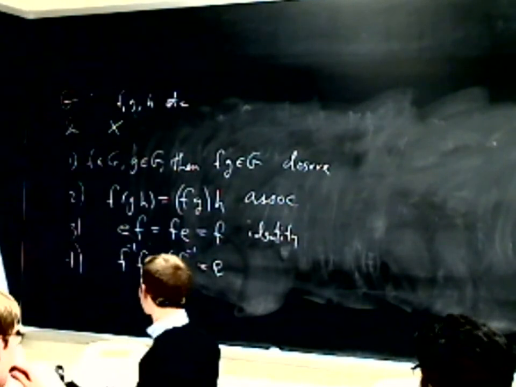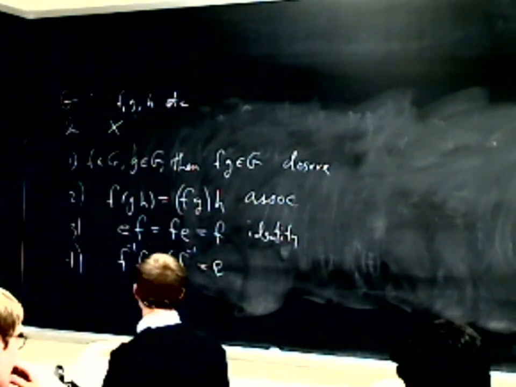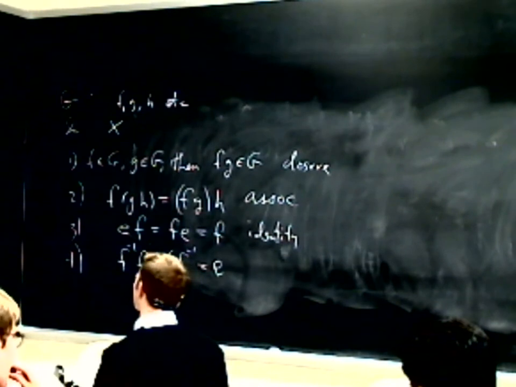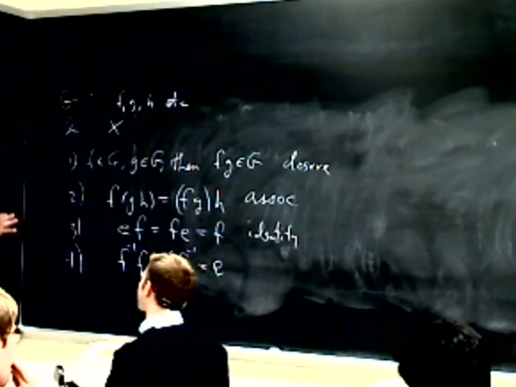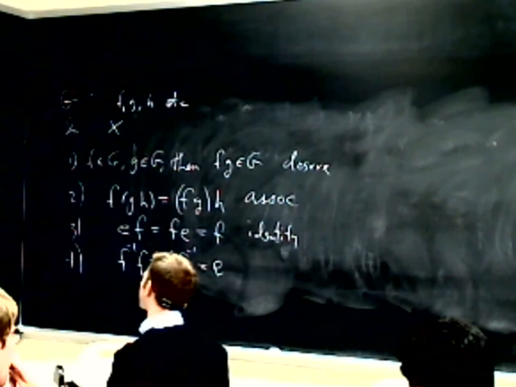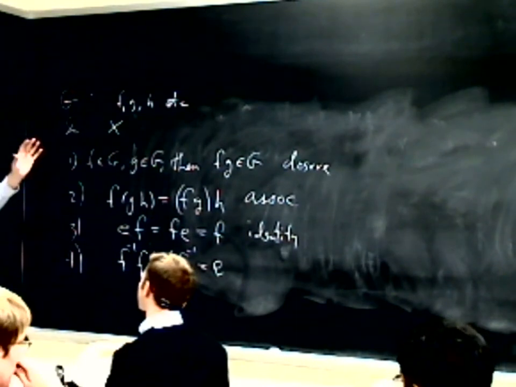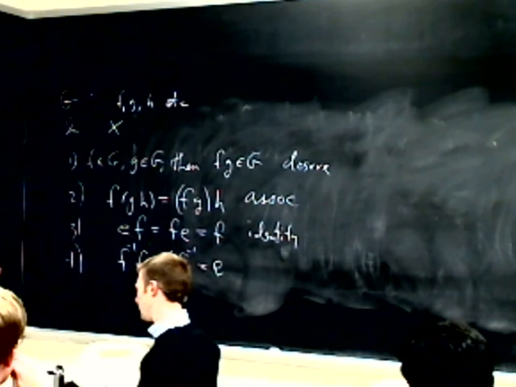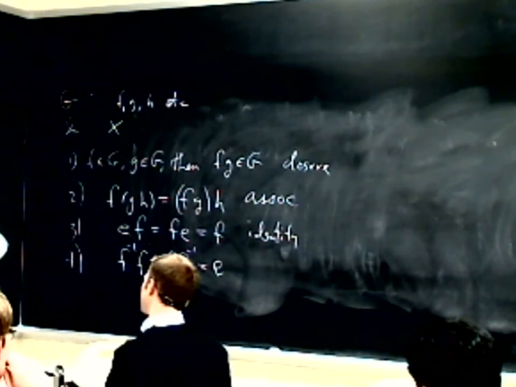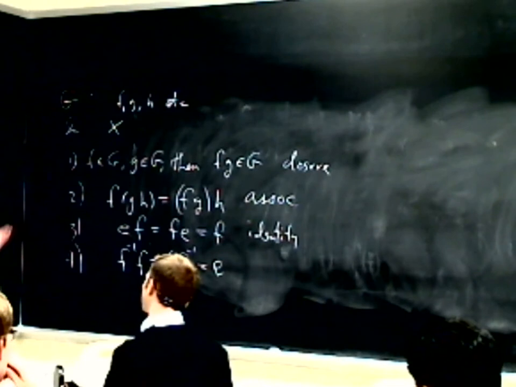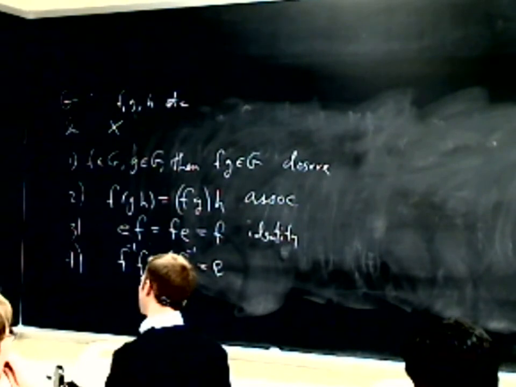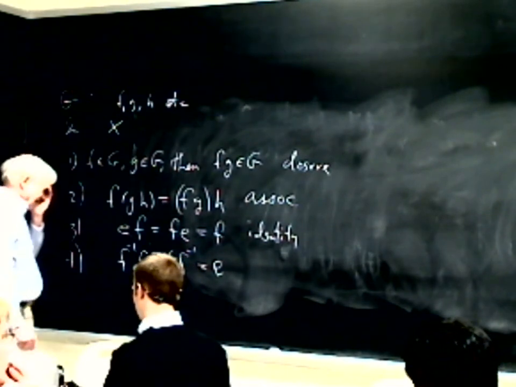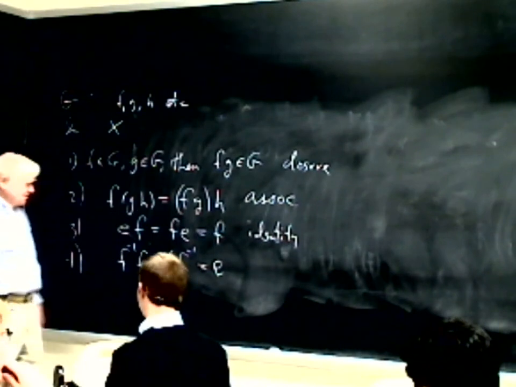Now, the reason why groups are important in physics is that you have transformations, physical transformations, for example, translation in space, translation in time, rotation in space, parity transformation, reflection in space, charge conjugation, where you flip the charges, and time reversal, which is so spooky.